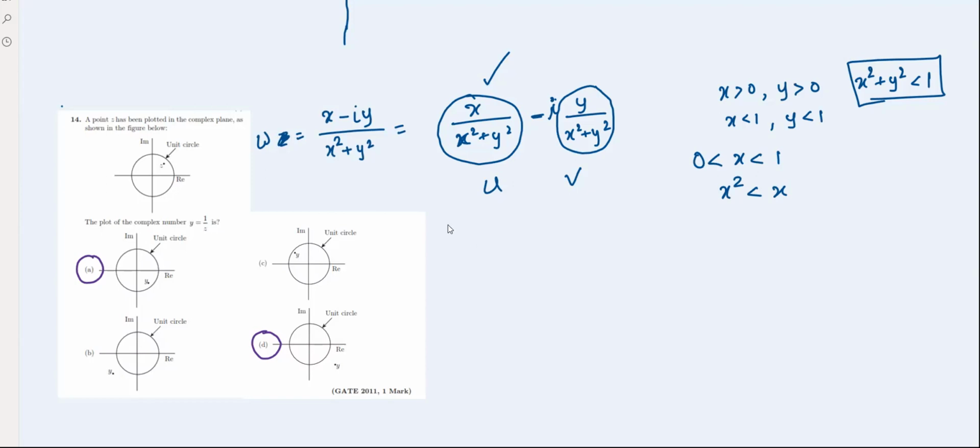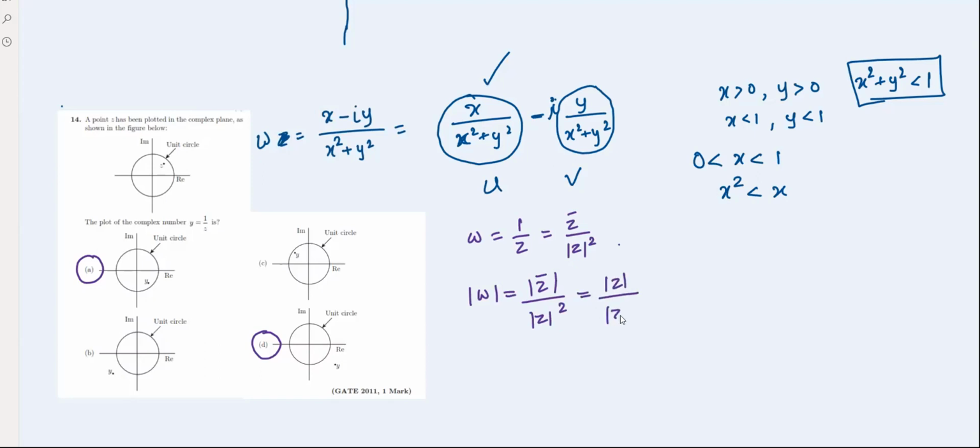Now mod z is less than 1. We'll do like this. W is 1 by z, which is z bar upon modulus of z whole square. Now, modulus of this w is mod z bar by modulus of z square.